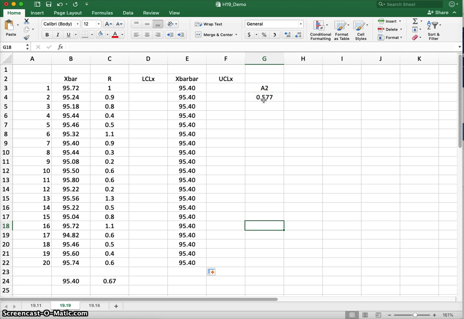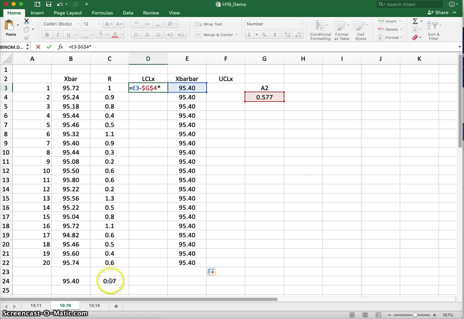Now to use that to identify the lower control limit, the formula is just equals X bar bar minus A2, which is this, times R bar, which is this.